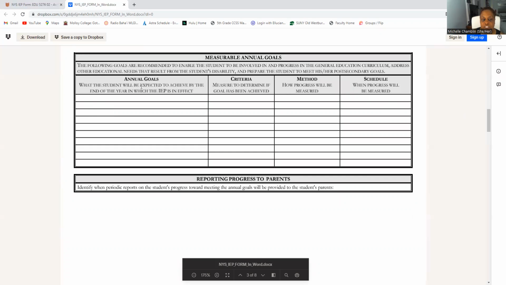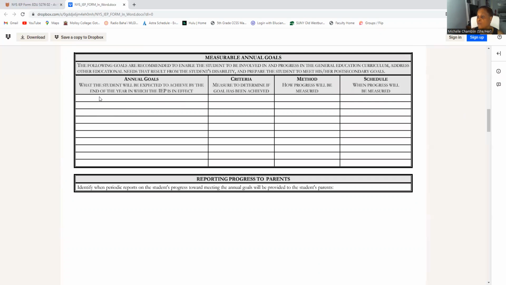So in these goals, we write down what the student will be expected to achieve by the end of the year in which the IEP is in effect. Our goals are written in more of a broad stroke of what they will achieve at the end of the year.